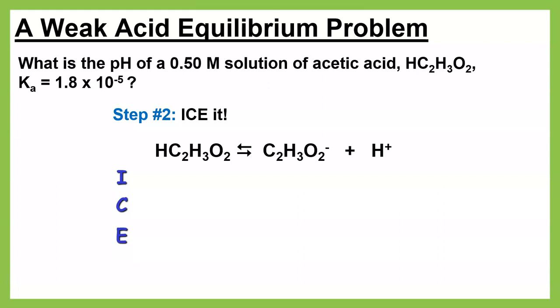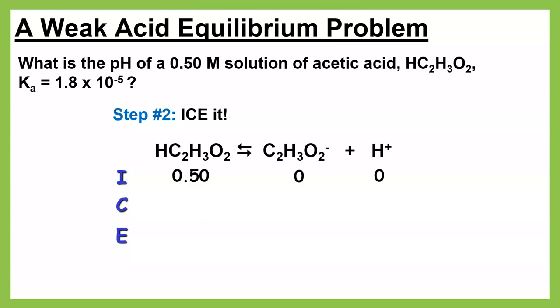You'll often see me put a row at the bottom for the actual answer, but it's pretty traditional just to do these first three rows. So reading this question, we can see that when we start, we have a 0.5 molar solution of our acetic acid, and at the beginning, nothing has dissociated yet, so it's just 0.